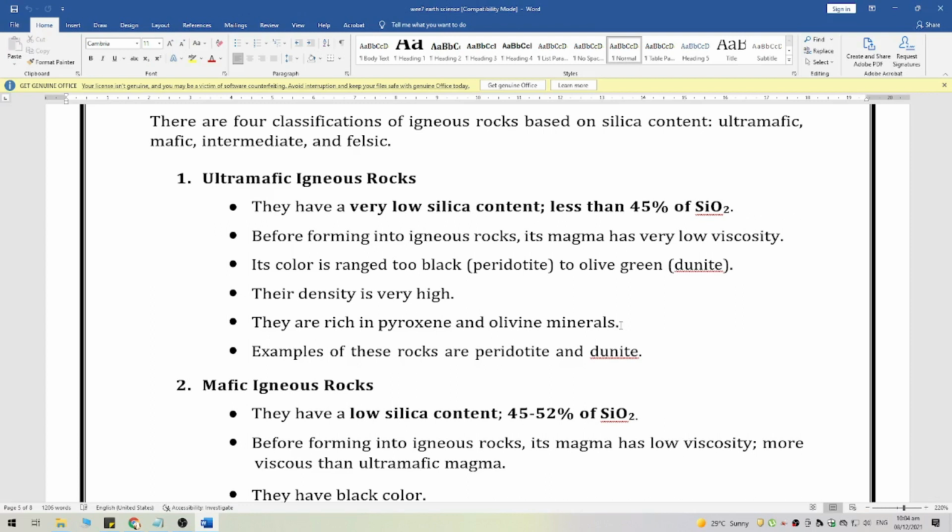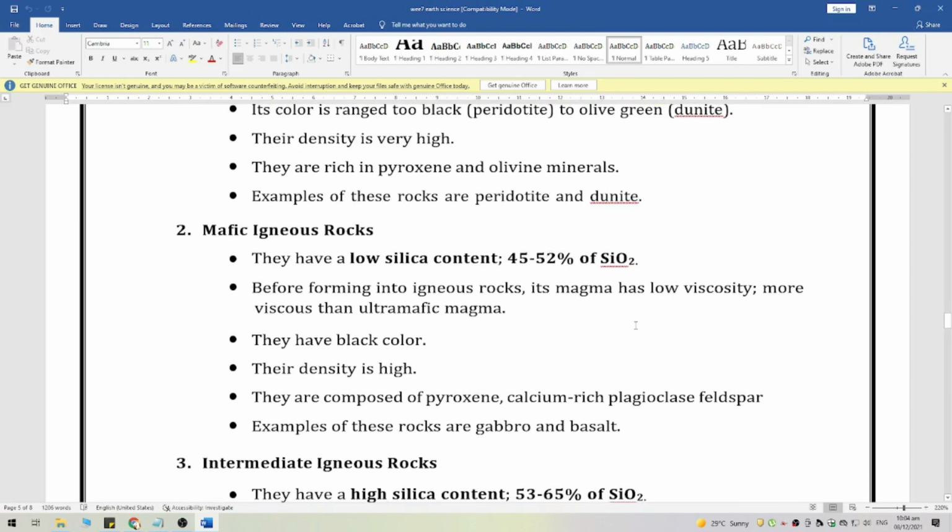So, halimbawa ng mga rocks na to is peridotite and dunite. Sa mafic igneous rocks naman, they have a low silica content, around 45 to 52%, almost half of it is composed of silica or silicon and oxygen.